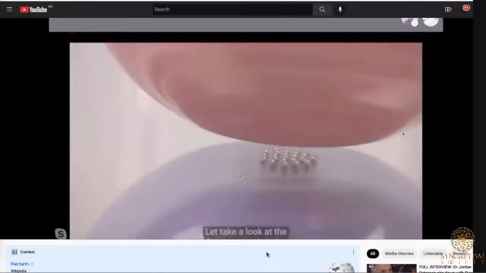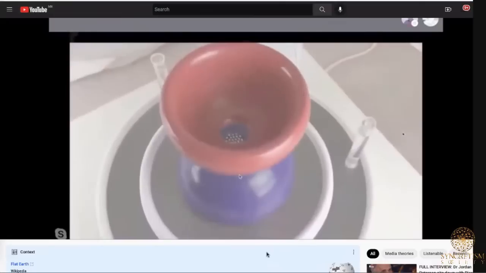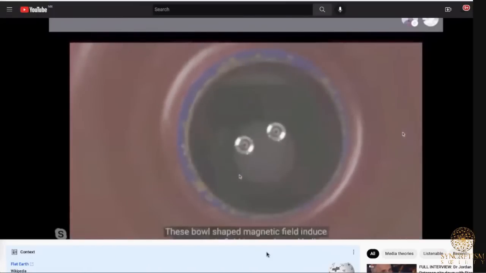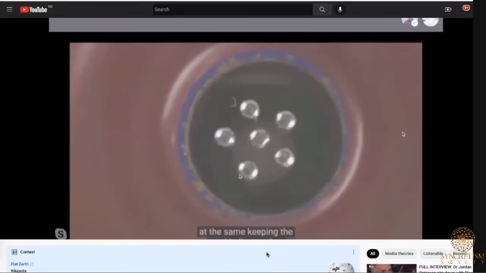Let's take a look at the forces at work in the nucleus area of these bowl-shaped magnetic fields. Shown here are ordinary non-magnetized 5mm steel balls. These bowl-shaped magnetic fields induce a magnetic field into each steel ball, which causes them to repel each other while at the same time keeping the balls structured together.